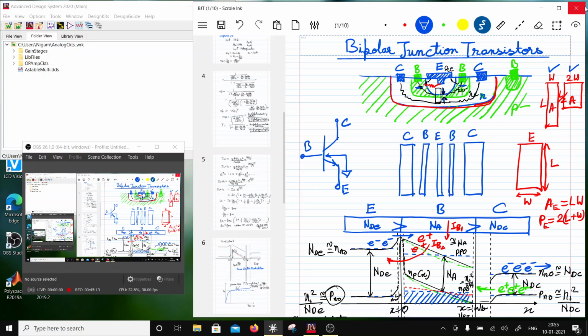IBM has burnt its hand with this. They tried to reduce the die size by lowering the length and broadening the width, and thought that the two areas are the same, so the device is going to deliver the same power, and it turned out that it didn't, because the emitter periphery is what is important, not the area. So I hope you got the point, and this was very costly to IBM.